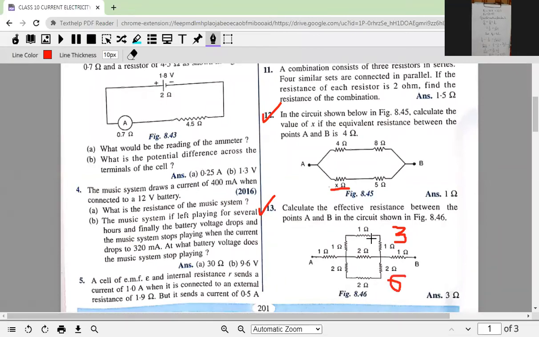Now this has converted into 3, this is 2, and this is 6. So these three are connected in what way? You can see here, here I am showing.